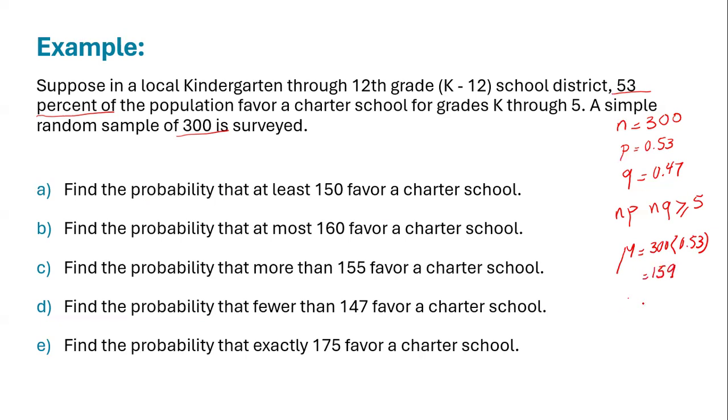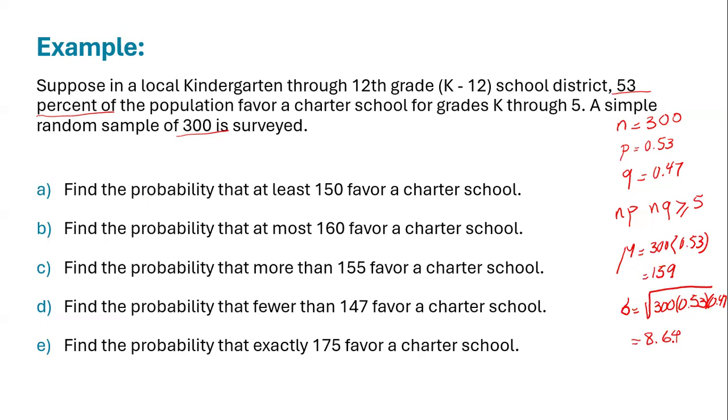And sigma is the square root of n times p times q: 300 times 0.53 times 0.47. And the answer is 8.6.